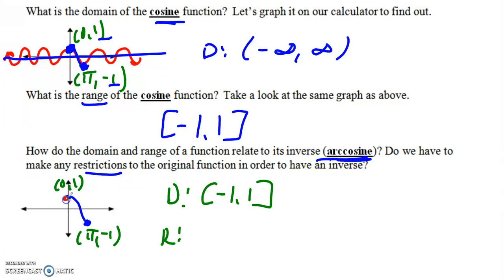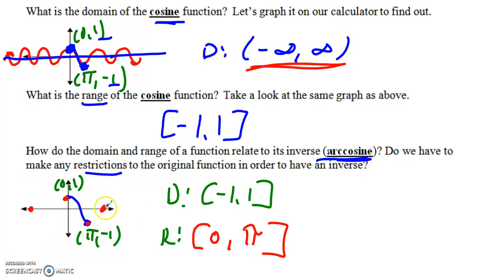Well, remember it came from the domain, so we need to think about x values. It's restricted from 0 to pi. And if you're thinking about quadrants again, 0 to pi for x values, you start here, end here. So it looks like the cosine is restricted in quadrants 1 and 2.